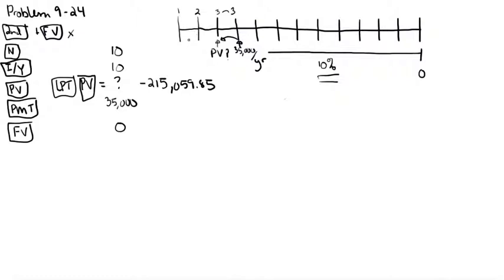So we've got 2 more periods here that we need to take into consideration, and we're trying to calculate what the present value is at this point if he can receive 10%. So what we have here is we calculated the present value of an annuity already, which is here.